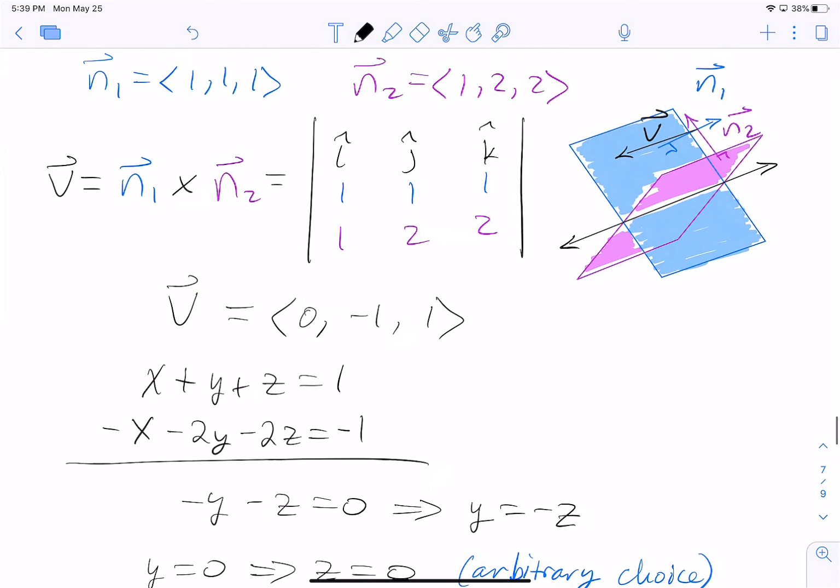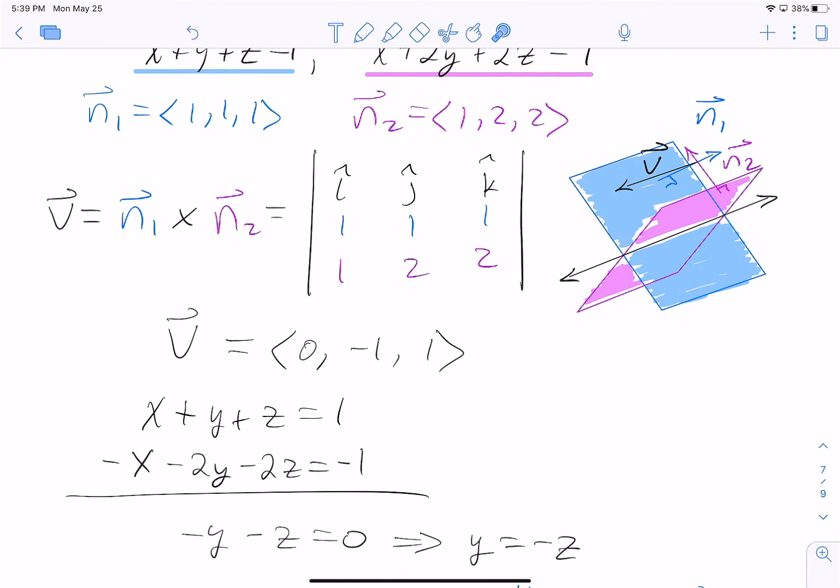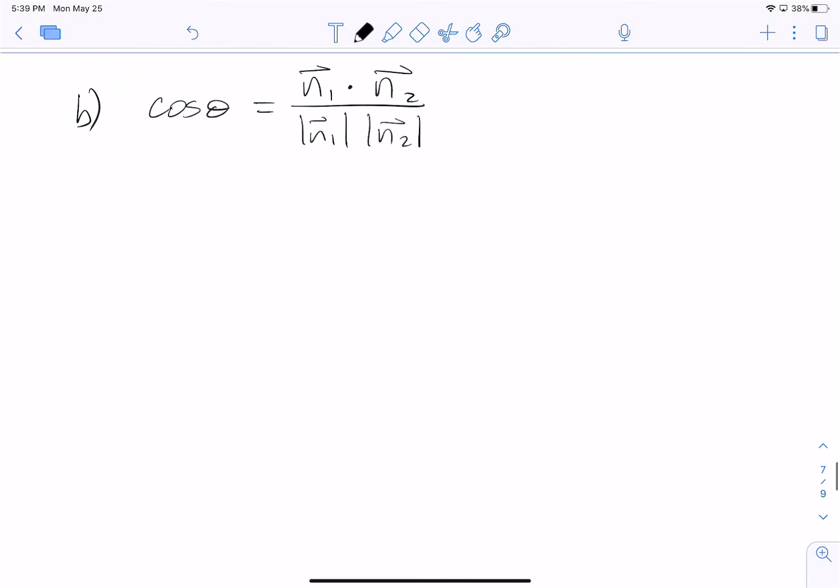Our vectors were (1, 1, 1) and (1, 2, 2). So n1 dot n2 is (1, 1, 1) dotted with (1, 2, 2). That result's going to be 1 + 2 + 2, which is 5.